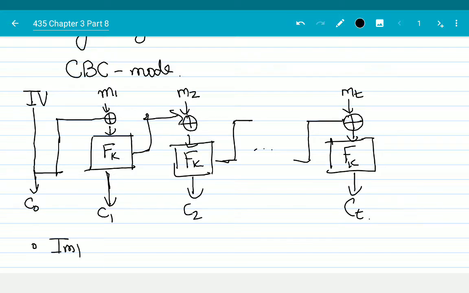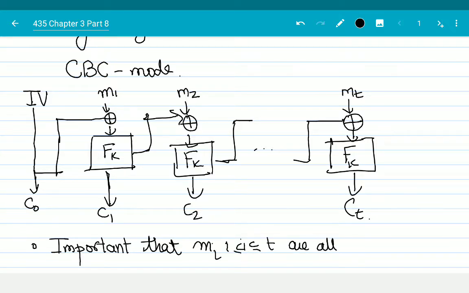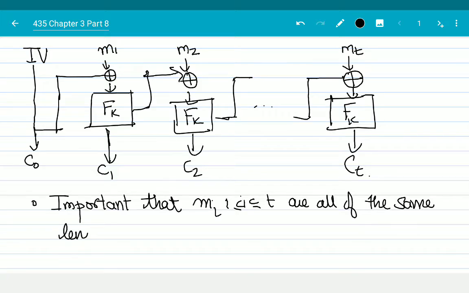Important that MI, for I between 1 and T, are all of the same length, which might be unreasonable to expect from a standard message.